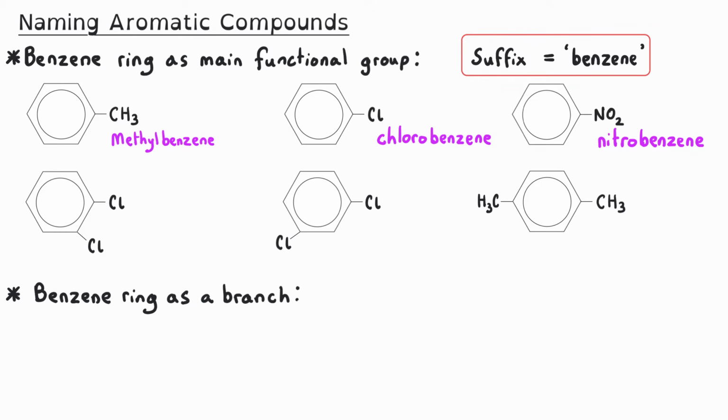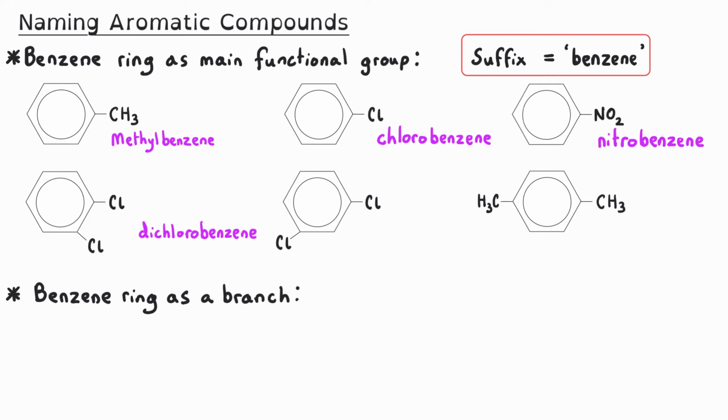Where there is more than one atom attached to the benzene ring, we need to use the system that we've already employed for aliphatic compounds. That means that we need to use numbers and we need to use di and tri to indicate 2 or 3 of the same functional group. So for this molecule here, where there are 2 chlorine atoms, this will be dichlorobenzene.